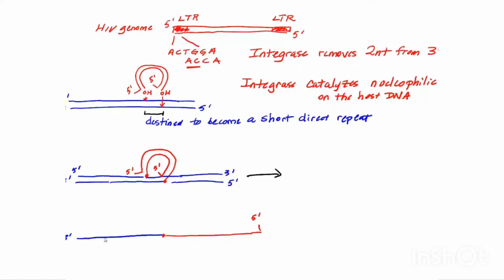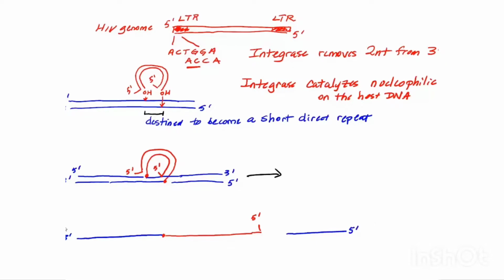The same thing goes, and then the continuation of the host DNA over here. I'm leaving a gap there on purpose. You're going to see why I have to do that.